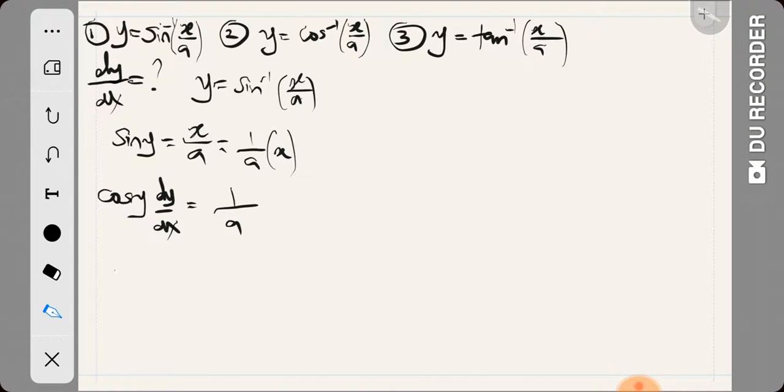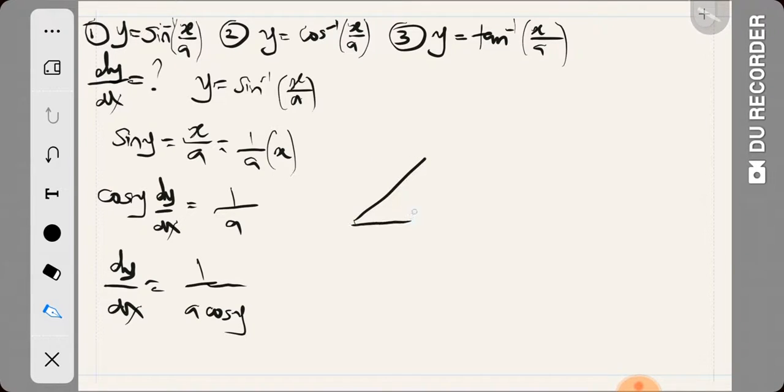Then we make dy over dx the subject of the formula. So dy over dx is equal to 1 over a cosine of y. Now we said sine of y is equal to x over a, so let's draw a right-angle triangle.